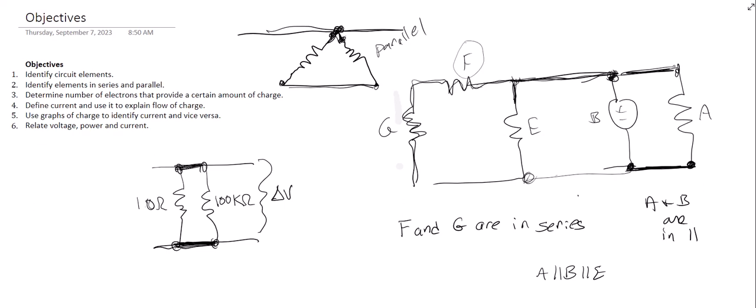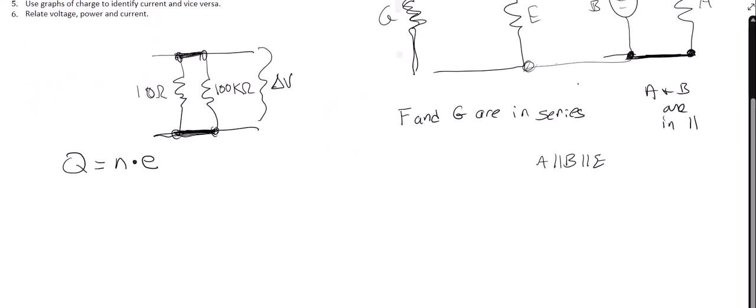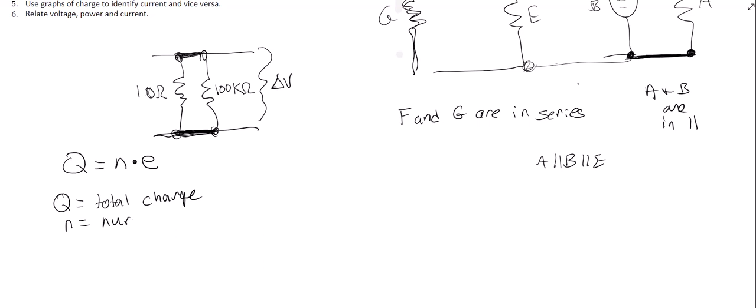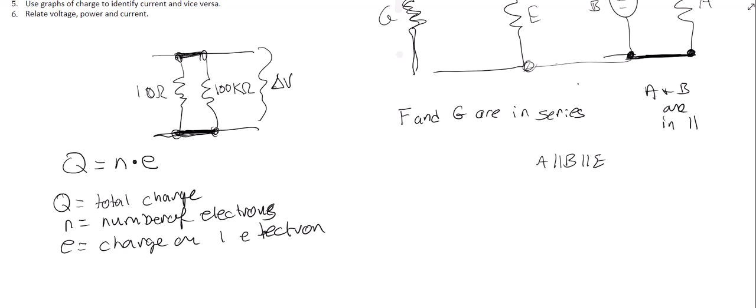The total charge Q equals N times little e, where Q equals total charge, N equals number of electrons, and e equals charge on one electron, which is a constant and is 1.6 times 10 to the negative 19 coulombs.